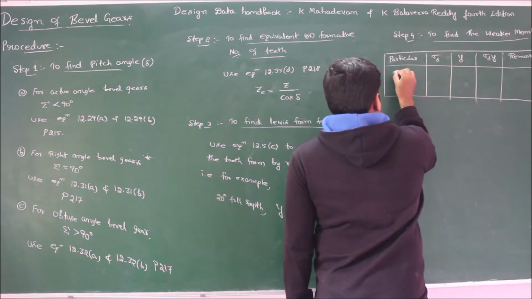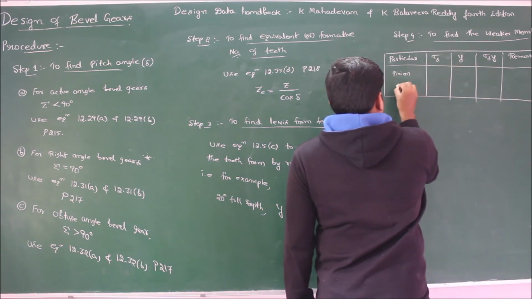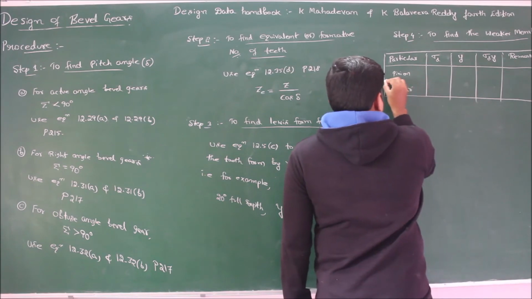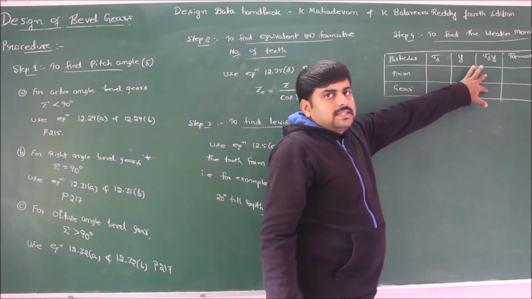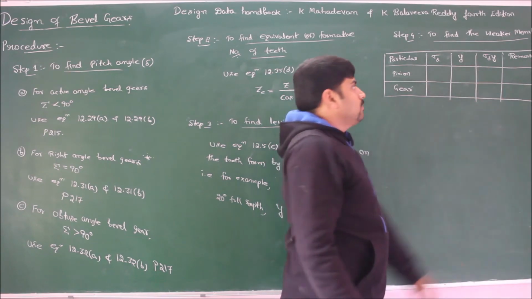Under particulars, you have pinion and gear. Enter the corresponding values. The lower value of sigma d and y will be the weaker member.